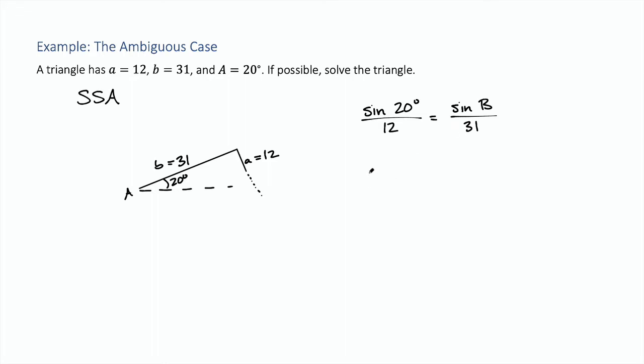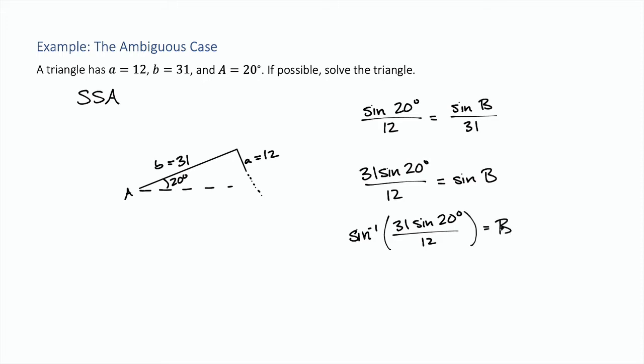So we multiply both sides by 31. 31 sine of 20 degrees over 12 equals sine of B. And then to get B, we do the arc sine. So inverse sine of 31 sine of 20 degrees over 12 will equal B.